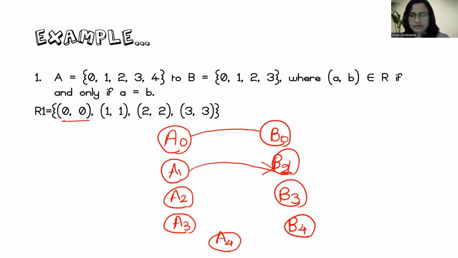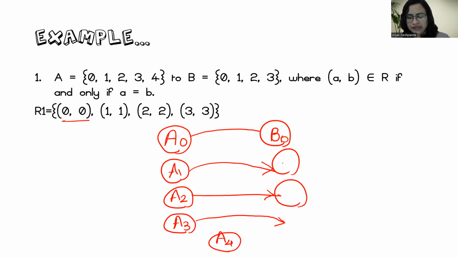Similarly, I'll draw an arrow from A2 to B2 and A3 to B3. I'll just rewrite the labels: A1 to B1, A2 to B2, A3 to B3. So here, this is the diagram for the relation R1.